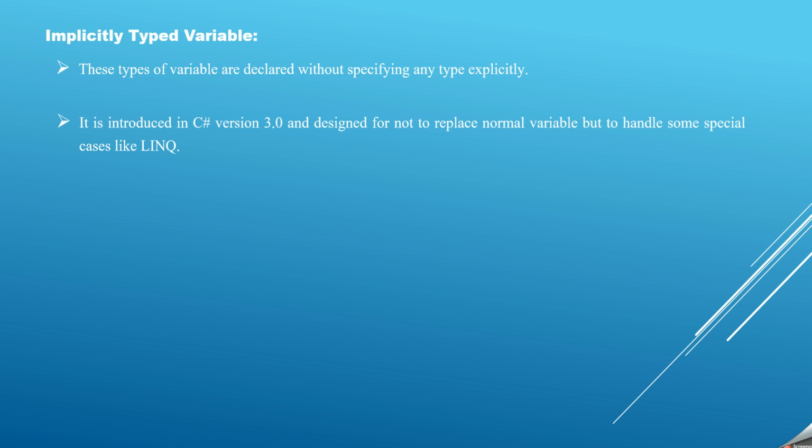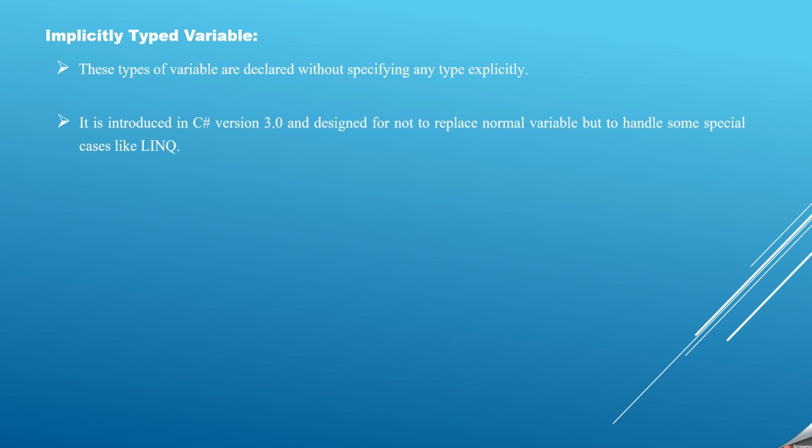So that we'll discuss. It is introduced in C Sharp version 3.0 as I said, and designed not to replace normal variables. Basically there is no need to replace a normal variable, rather to handle some special cases like LINQ. When we go to the LINQ session, I will explain thoroughly.